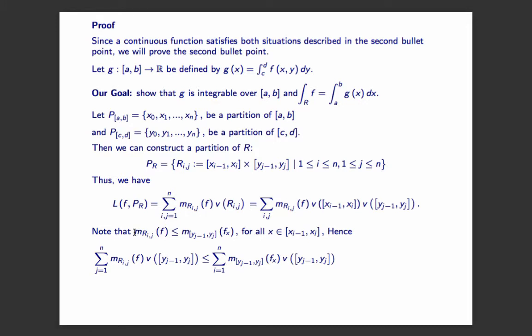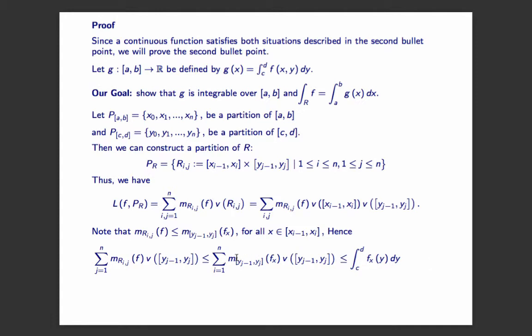And using this inequality, I can replace this term with this term, and I would get this less than or equal to. Now here I have the infimum of f_x times the volume, or the length of the partition in y.